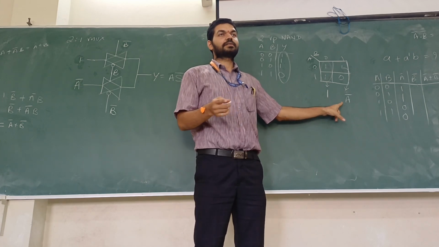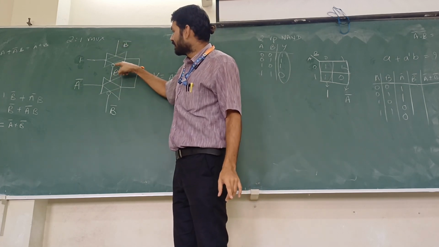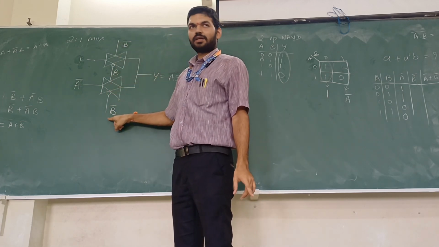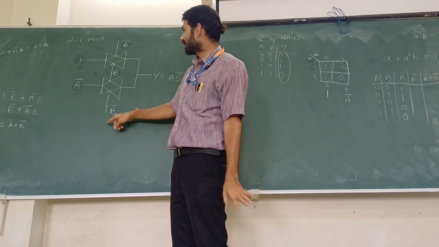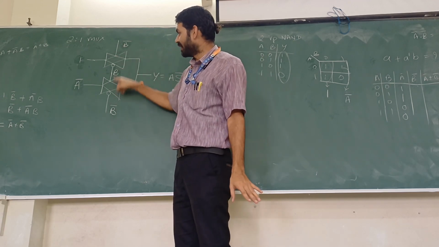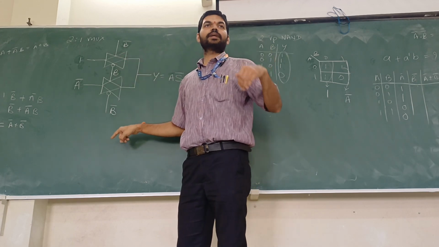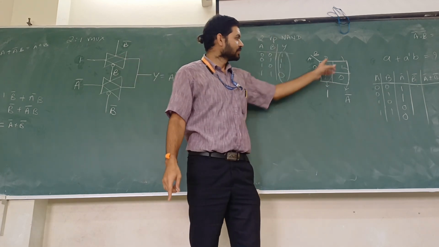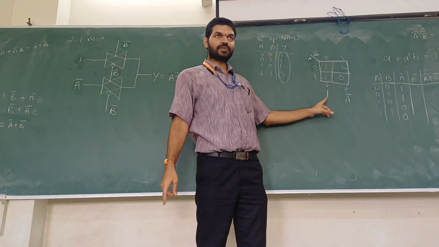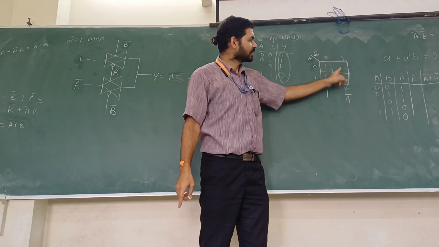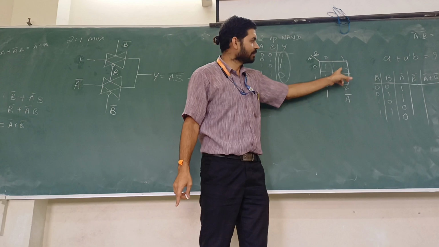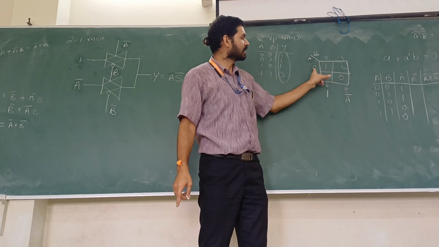If you take the control signal, some call it the select line, whatever you call it, if you take control as B, then the input will be in terms of A. So here the first input is 1 from the K-map. By observing we can see. Here the second input is A bar. You know it is A bar.